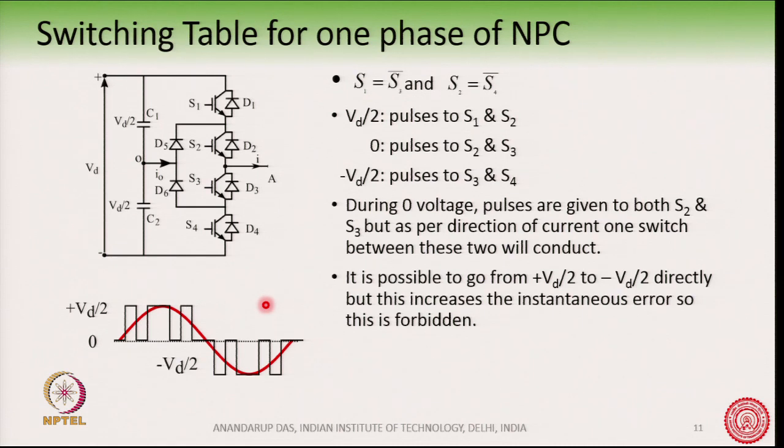Why? The main reason is that the dV by dt is very high in the plus Vd by 2 to minus Vd by 2 case.